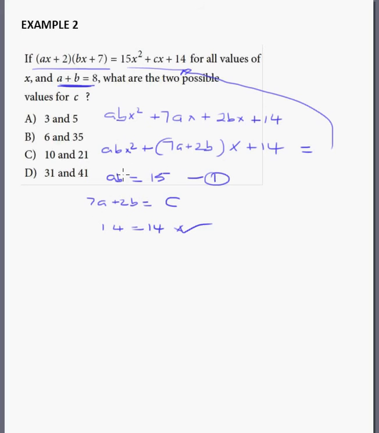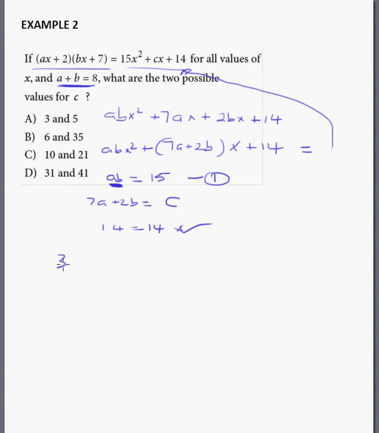7a plus 2b is equal to c. Now they gave you another condition. They said the two numbers when they add is equal to 8, and when they multiply will be equal to 15. As you can tell, you may have 1 and 15 that multiply to get 15, but when you add 1 and 15, you don't get 8. You have 3 and 5 when you add.